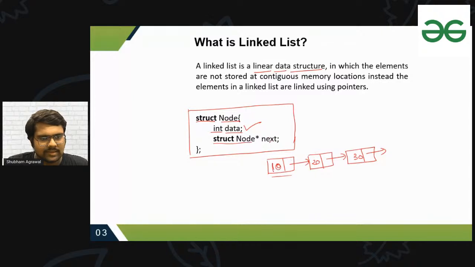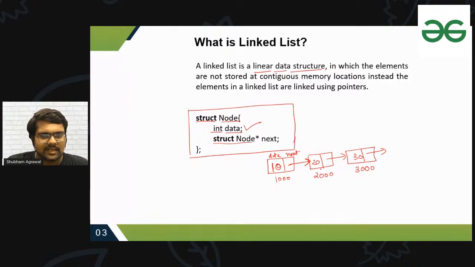Let's suppose this node's address is 1000, this node's address is 2000, and this node's address is 3000. Here the data is present, and here the information of the next pointer is present. Here next will be 2000, so 2000 will be present here, and here 3000 will be present.